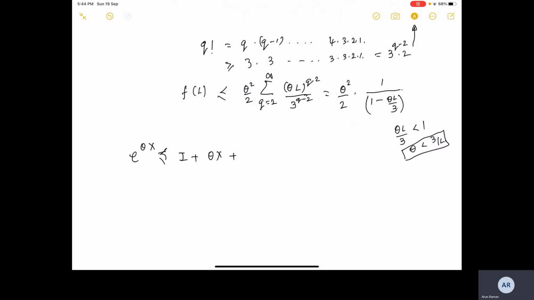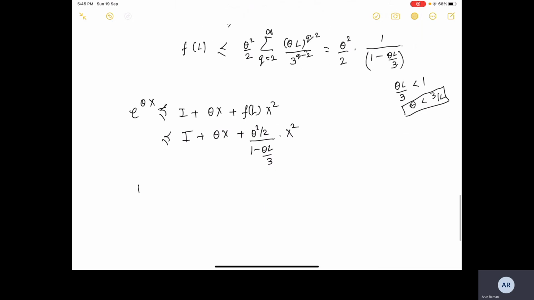So we had this expression earlier. We just replace f of L by what we have found now, theta square by 2 divided by 1 minus theta L by 3, into x square.